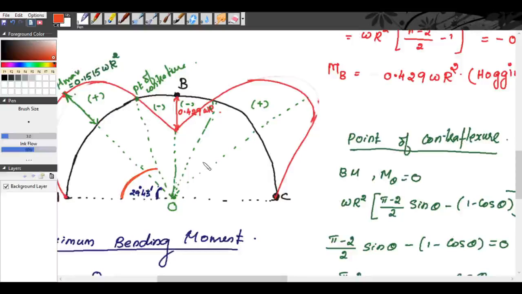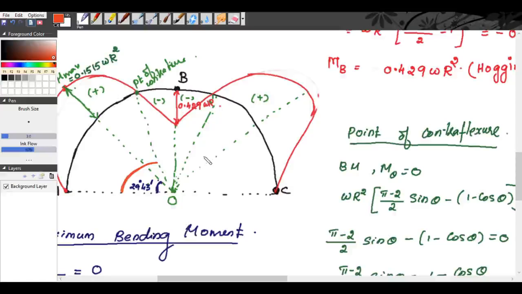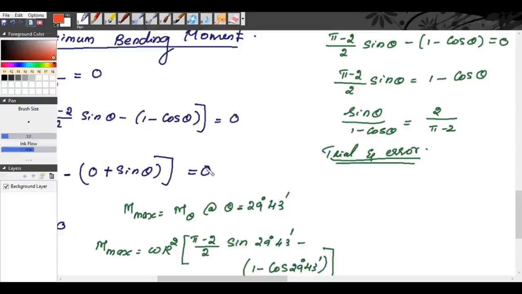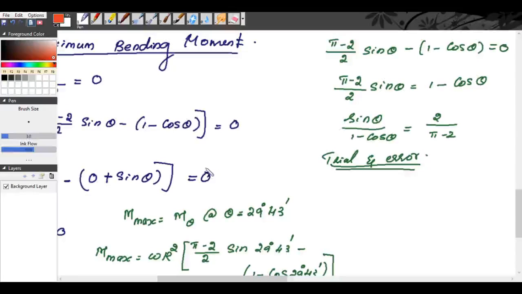So you put intermediate values. First of all, you put 30 degree, 40 degree, 50 degree, 60 degree and at one point you will get the bending moment equal to 0.